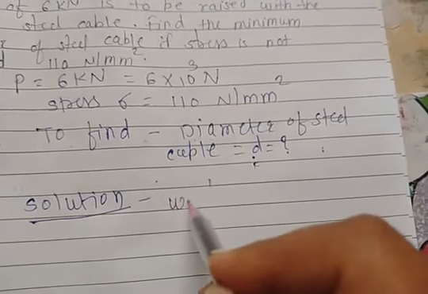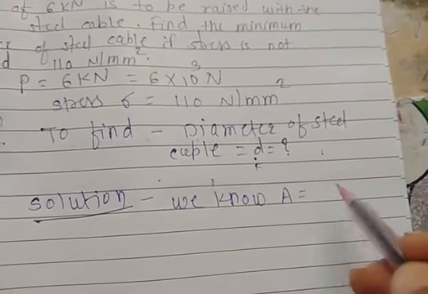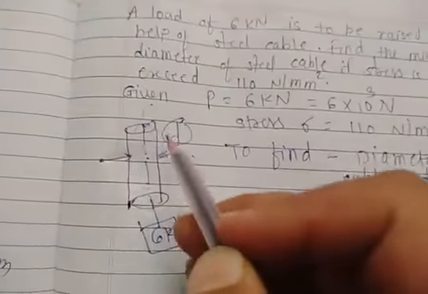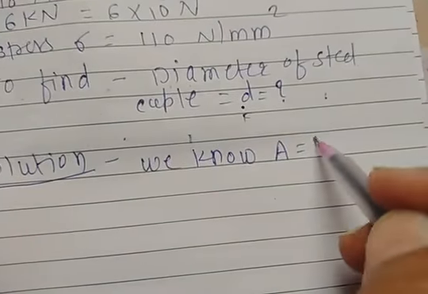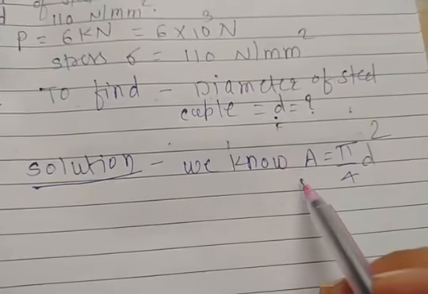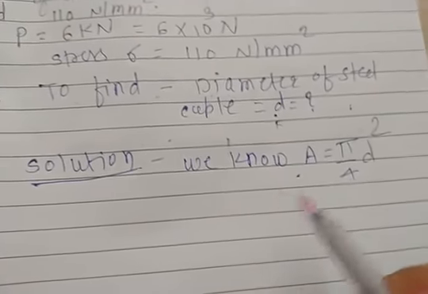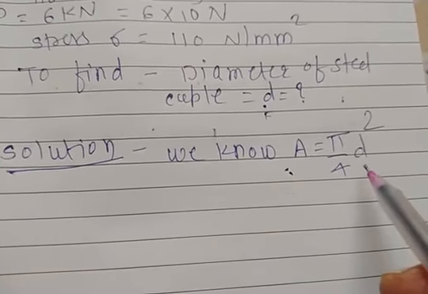The steel cable has a circular section, so its area will be pi by 4 d square. Once we calculate the area, we put that value in the equation, and from that equation we can easily calculate the diameter D.